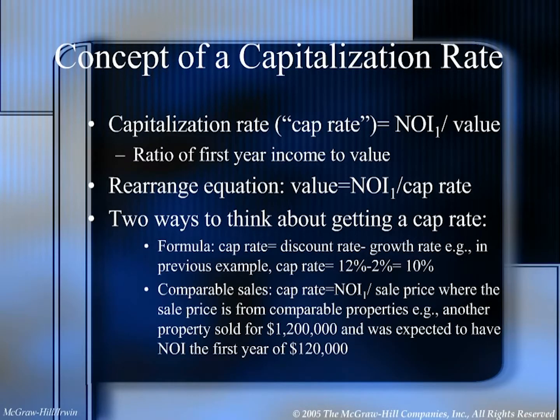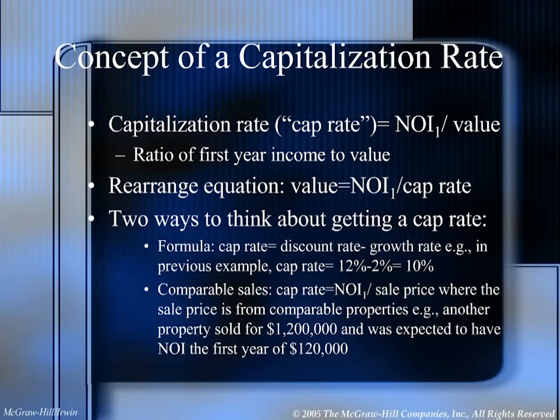I want to review this capitalization rate because we're going to use that for the reversion, as you saw we did in the last problem. There are 2 ways to think about the cap rate. One is what we just did: the cap rate was really the discount rate minus the growth rate, because that's how we got the value, by taking the NOI divided by the discount rate minus the growth rate.